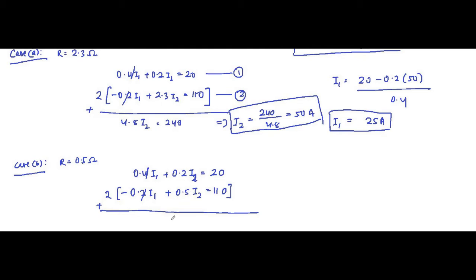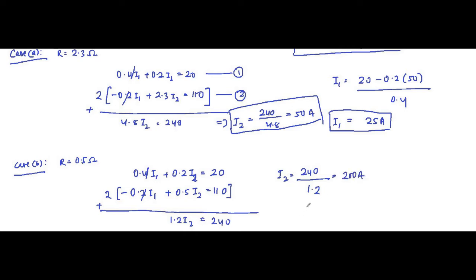I2 plus 0.2 I2 will be 1.2 I2, which is equal to 220 plus 20, which is 240. All we are doing is to cancel out I1 because it is easy. So I2 is equal to 240 by 1.2, which is equal to 200 ampere.